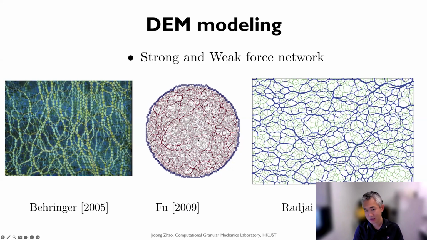And this visualization gives a very good replica of the force chain network observed in the photoelastic testing here, right? So the DEM really helps us to quantitatively analyze and understand the mechanics in granular media here.